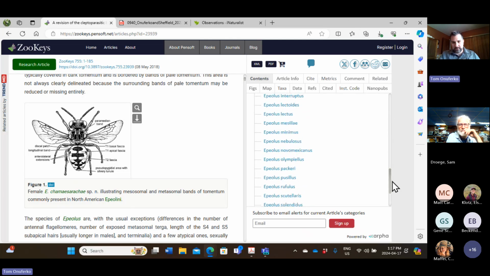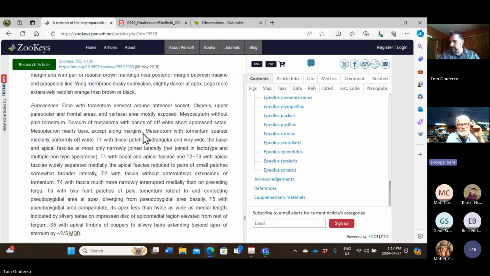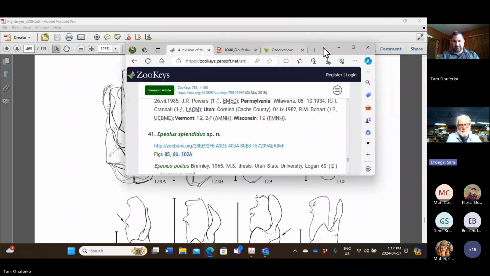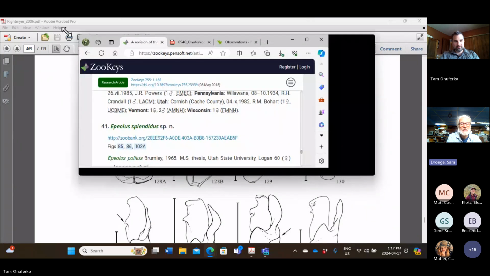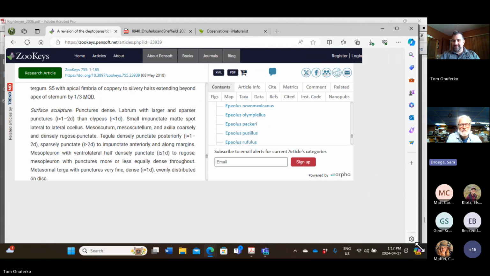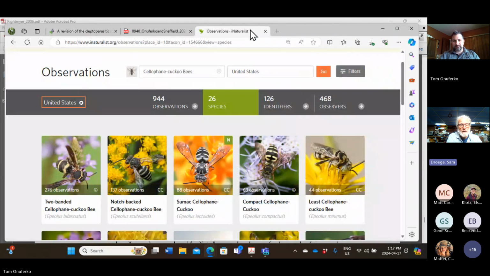So I'll jump right to the key. Just one observation: in terms of commonness, it seems to me that Epeolus might hold the record for the number of species that might be in a given area and the uncommonness of those species. They're really, really uncommon. We almost run on a yearly basis where we may not get any Epeolus into the lab, for example.